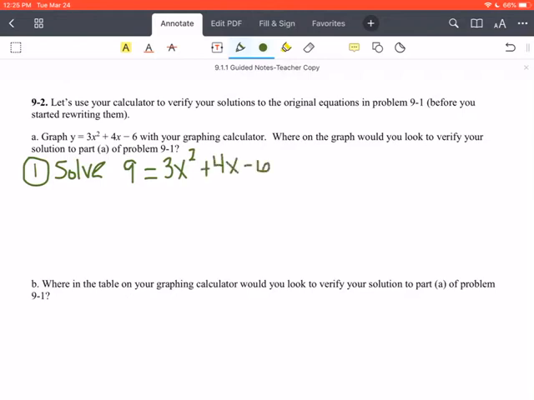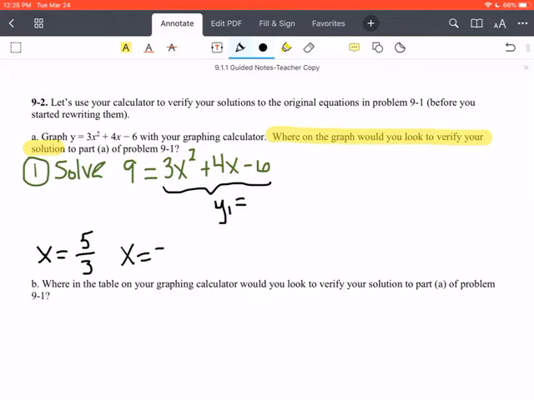So we are going to enter the right-hand side expression into our y1 in our graphing calculator, and then we're going to think about where on the graph we would look to verify our solutions. If you recall, the solutions that we got on equation 1 were x equals 5/3, and the other solution was x equals negative 3.